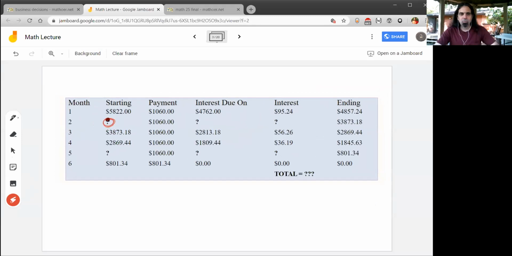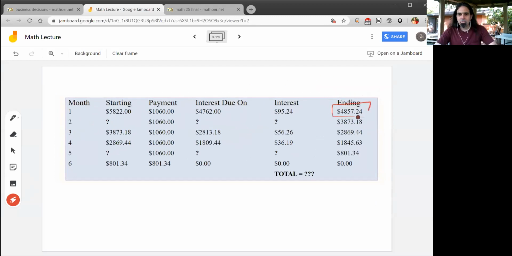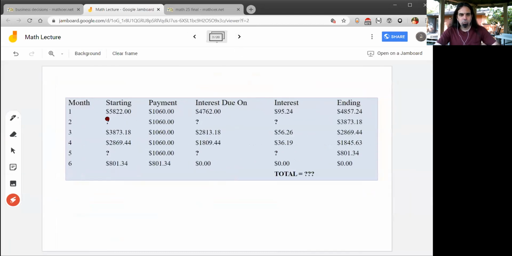What did we start with in month 2? We're going to start with the 485724. Yeah, whatever we ended with the month before is what goes there. So it looks like a math problem, but it's not. These two are just gimmies. And finding the interest due on, that's just subtraction.